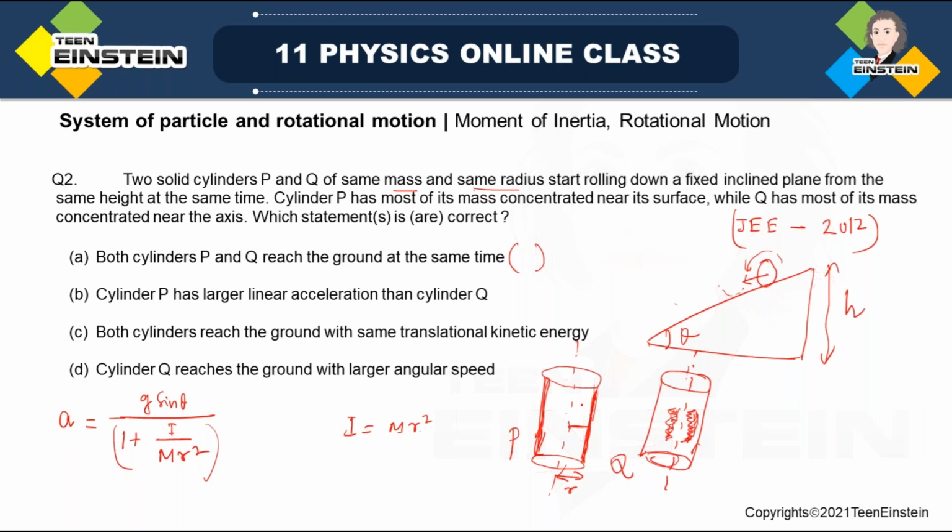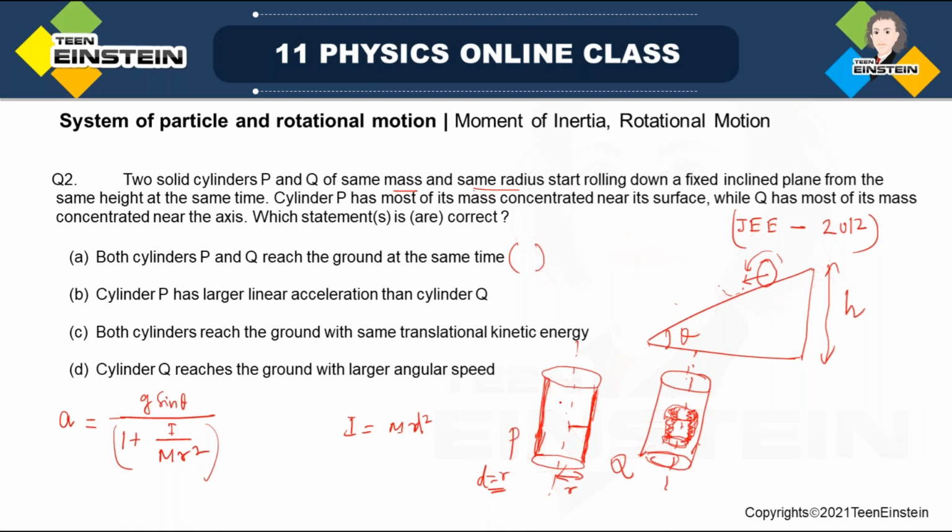If the mass is distributed at the surface, then this distance will be the radius. But in this case, most of the mass is concentrated near the axis. That means this distance is small.